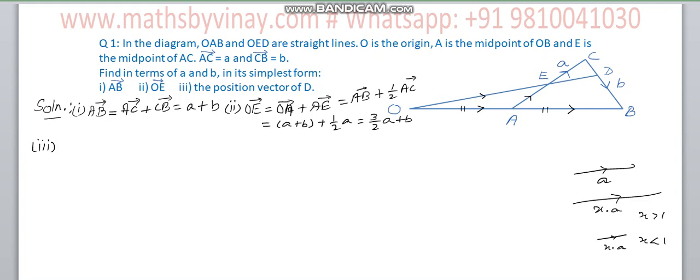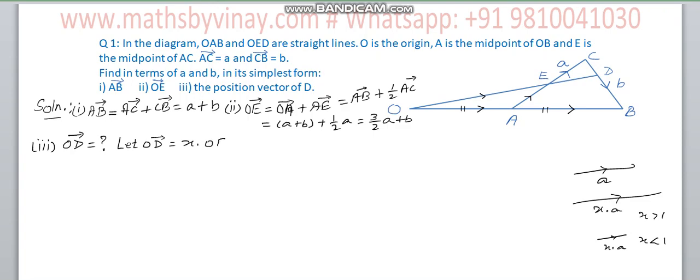The position vector of OD. Position vector is the position of point D from the origin. The origin is O, so the position vector is basically OD. So here we have to find the value of OD. First, let OD equal x times OE.